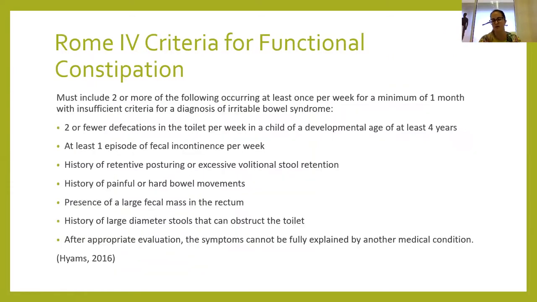So the criteria for functional constipation is 2 or more of the following occurring at least once per week for a minimum of 1 month, with insufficient criteria for a diagnosis of IBS.